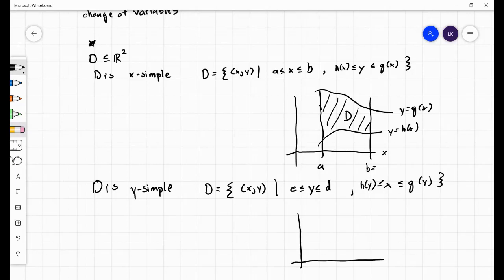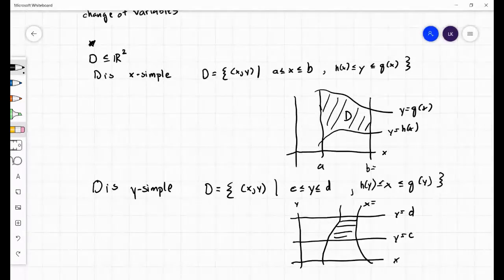So we have 2 horizontal lines where y is a constant. And then x is bounded by 2 functions of y. A simple enough concept, right?